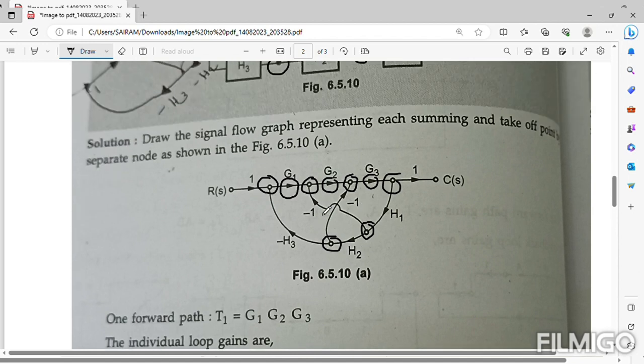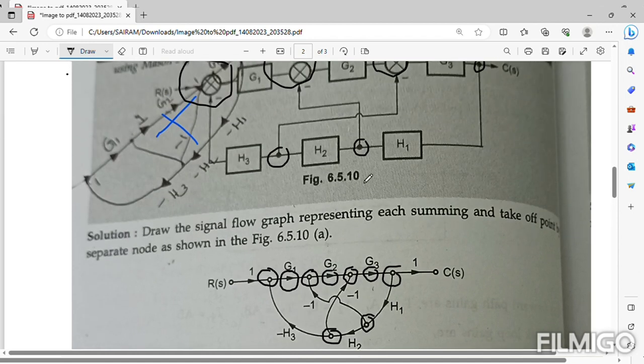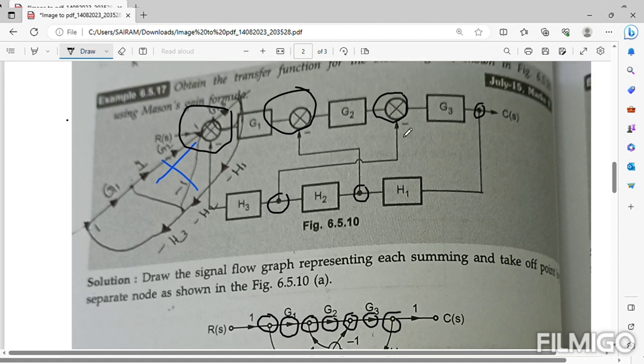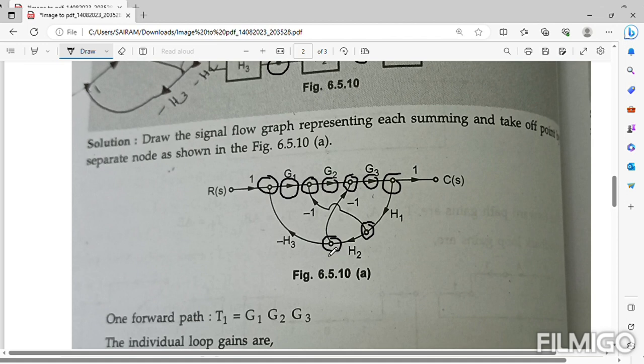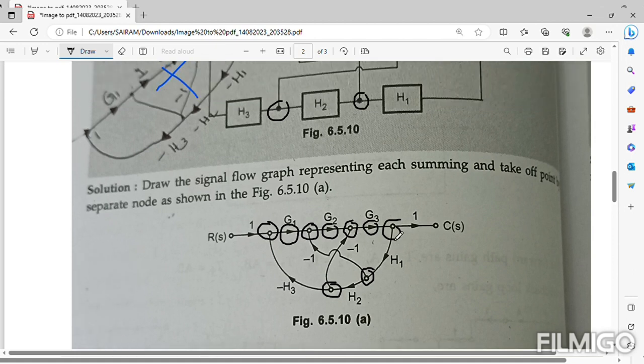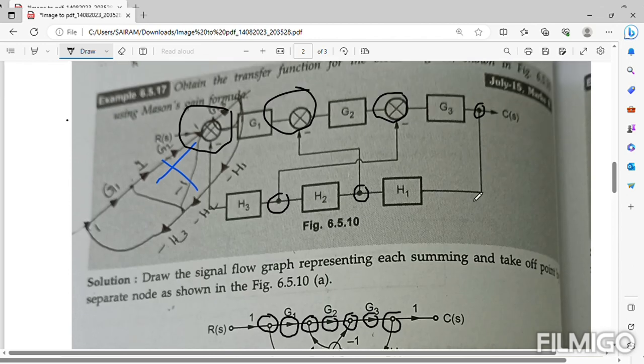These are all branches. The summation point in between G2 and G3 is connected before H2, in between H3 and H2, so you write it here. These reverse arrow marks are branches in the reverse direction, that is, the left direction.